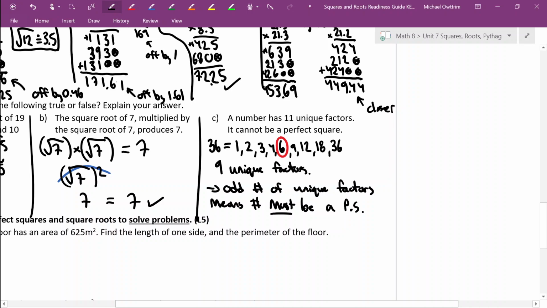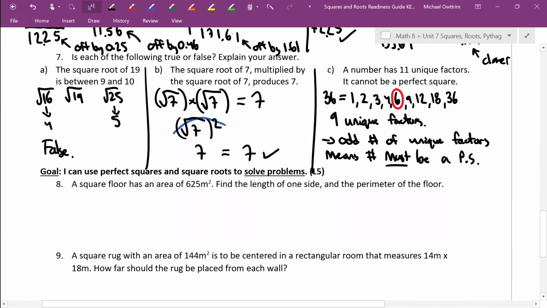Because it means that there's going to be that number in the middle that's being multiplied by itself. That's the only way you would get an odd amount of factors, is to have that number multiplied by itself in the middle. And so that's going to mean that it is a perfect square, not that it is not.